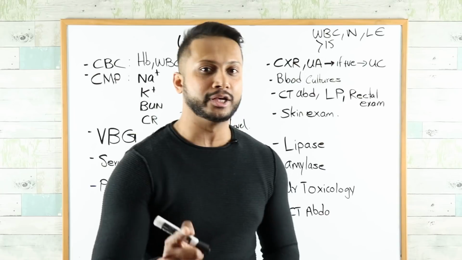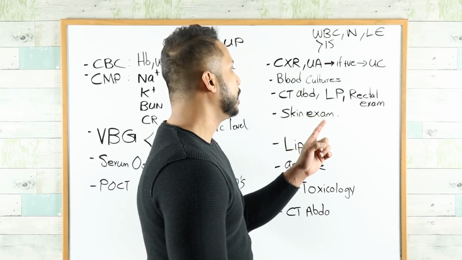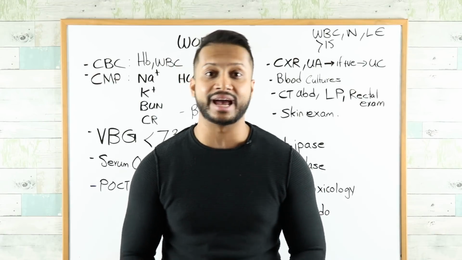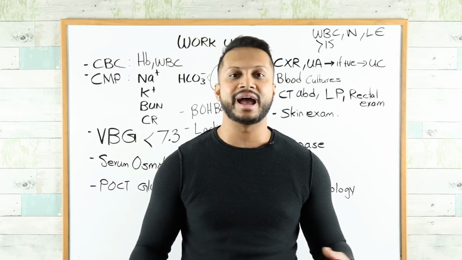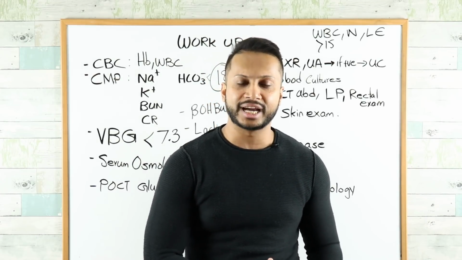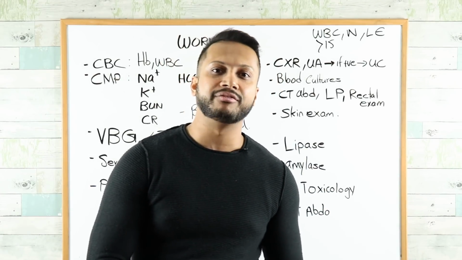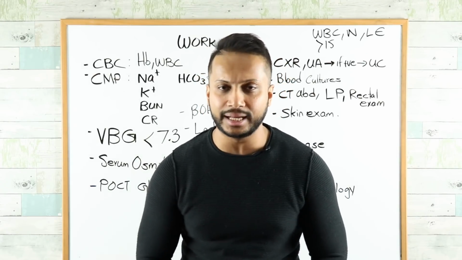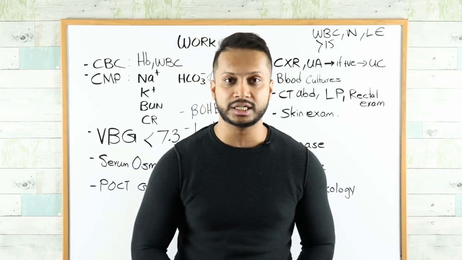Obviously the next step is to go for the CT abdomen, guys. You need to do a CT abdomen because most times you will see that the patient might have an acute cholecystitis, might have some form of abscess within the belly, or might have some form of cholangitis, might have some form of diverticulitis. There could be some infection that's going on in the belly, so therefore you will have to do a CT abdomen as well.